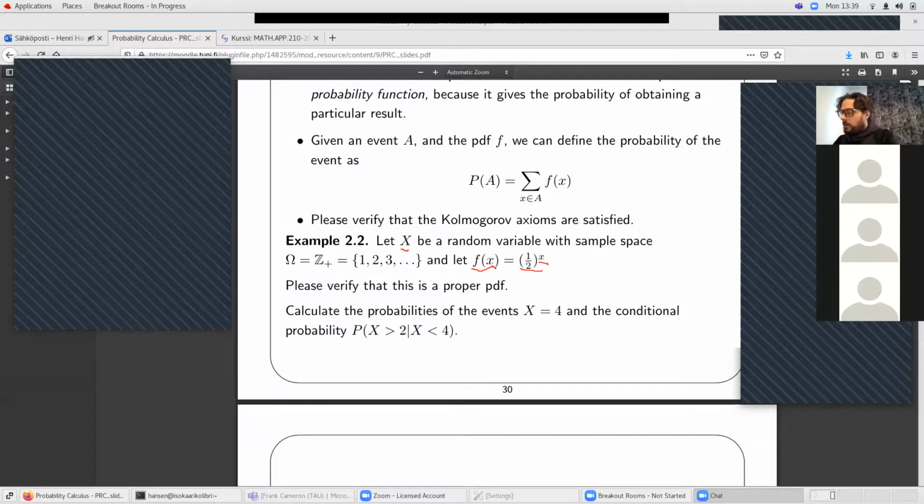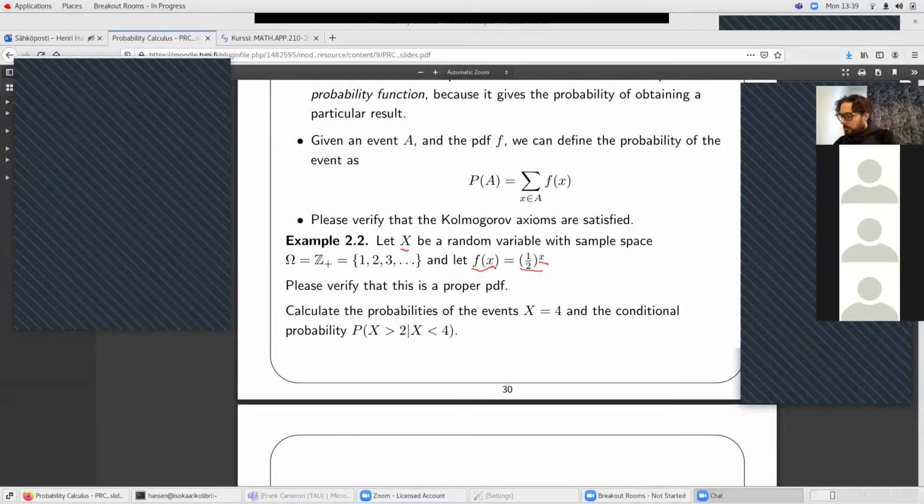Looking further, for X greater than 2 and smaller than 4, there's just one case. That's the probability of X equal to 3, divided by the probability of X smaller than 4. That comes directly from the realization that there's only one value that satisfies this, X equal to 3.